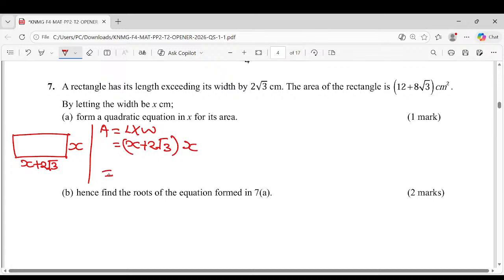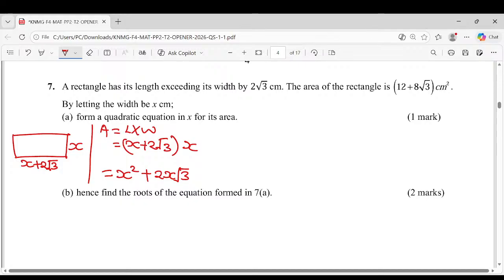This will be given as x squared plus 2x root 3. That is the expression for the area.